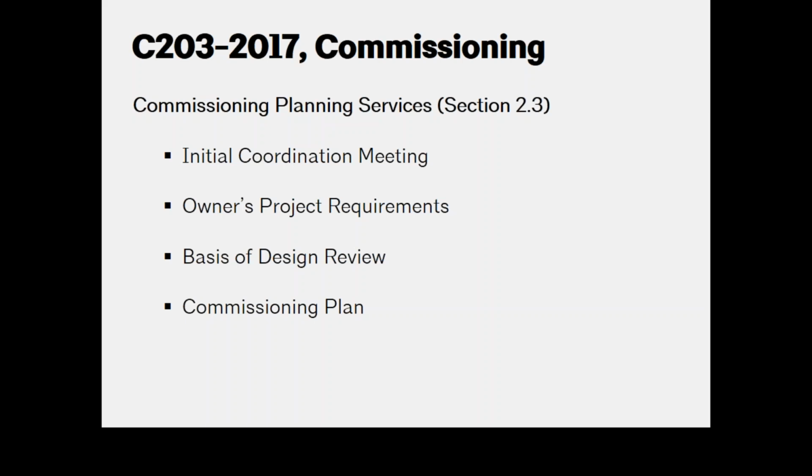And this commissioning plan is important because if you don't have the commissioning plan, and if you do not include that in the owner-contractor agreement, there really is nothing to tie and to require the contractor to commission the building. So you want to be including this commissioning plan as part of the owner-contractor agreement, as part of the contract documents that the contractor is required to abide by.